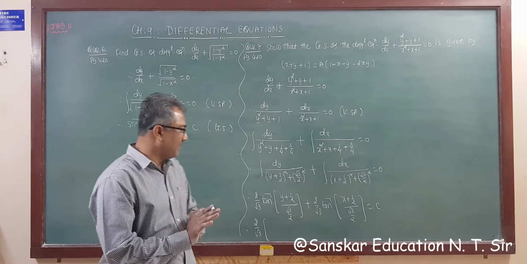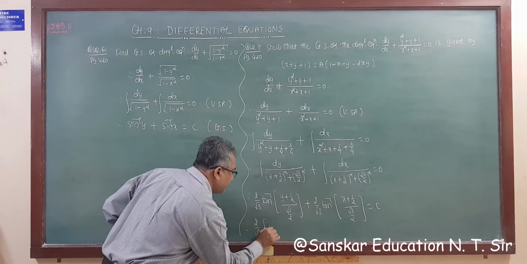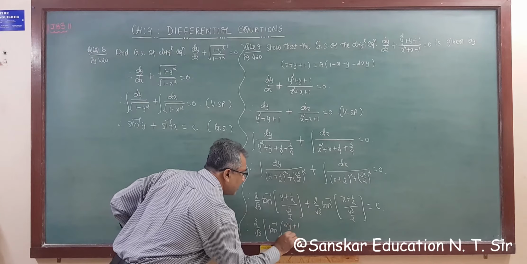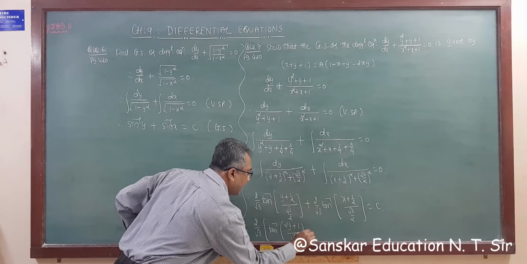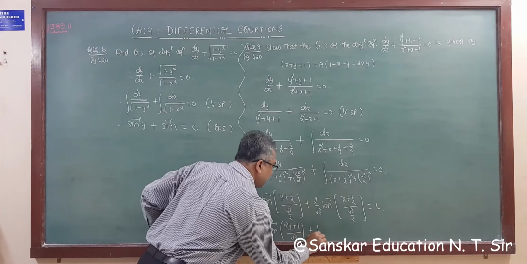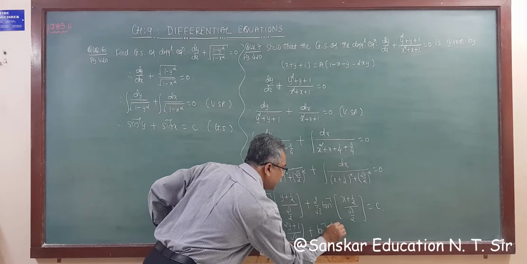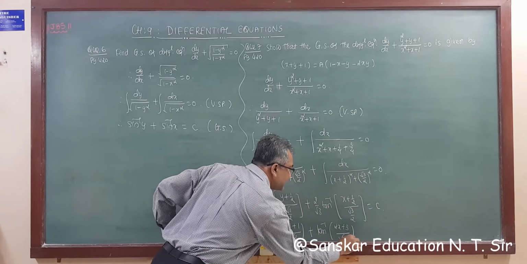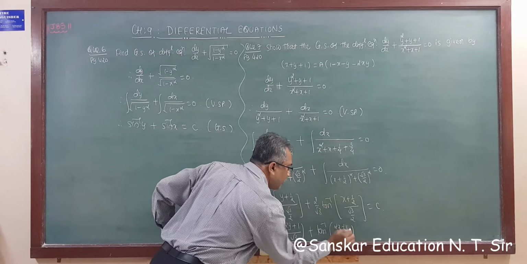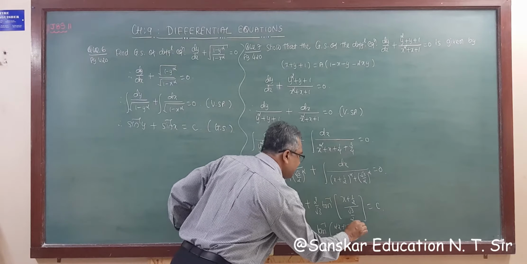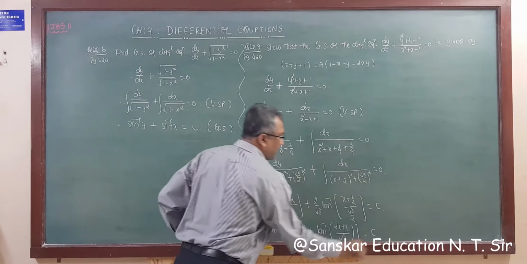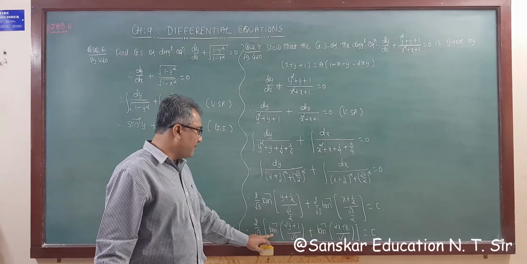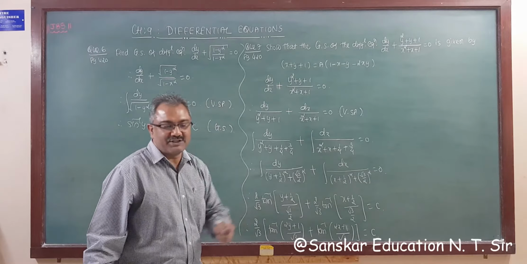Any problem? Tan inverse of (2y + 1)/√3 plus tan inverse of (2x + 1)/√3 is equal to c. Now taking this constant to the opposite side and applying the formula of tan inverse x plus tan inverse y.